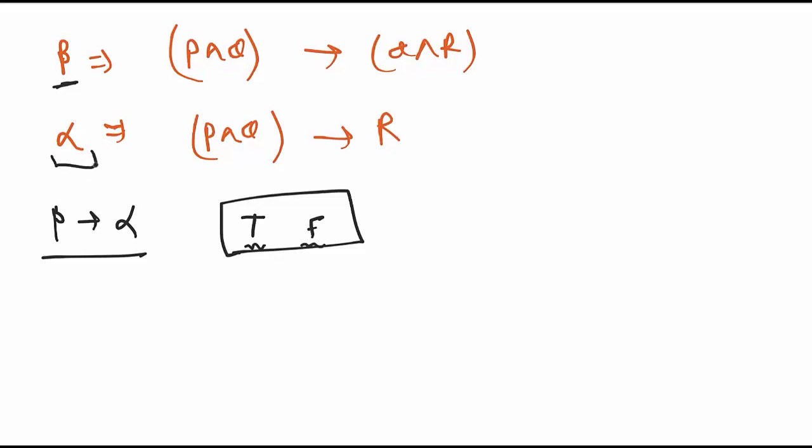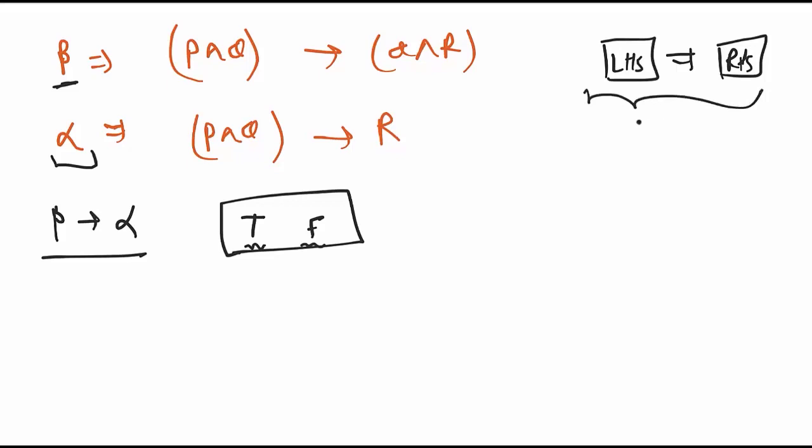Now, which one is easier, to make beta true or alpha false? See, anything like this, LHS imply some RHS. Which one is easier, either to make this true or this false? See, if we want to make this true, then LHS can be false and RHS could be anything. Then also it is true.